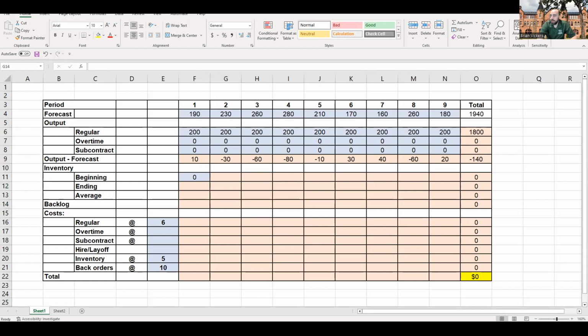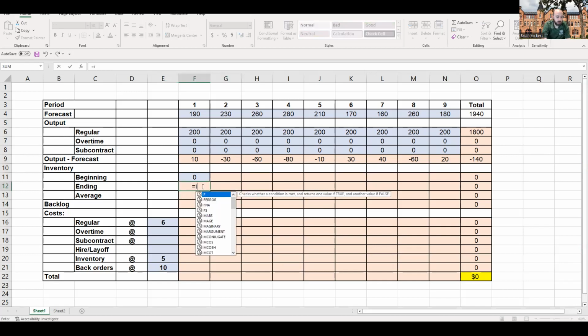So how do I write this complicated formula, right? So what I'm going to do is write here equals IF. All right, let's try this. If output minus forecast minus backlog, which is an empty spot right here, but I'm going to write it one time and copy it all the way down.